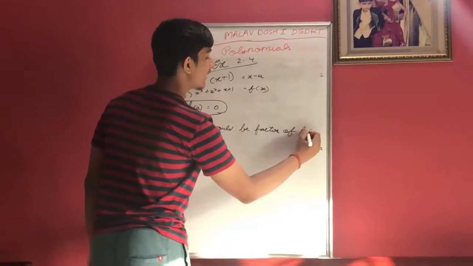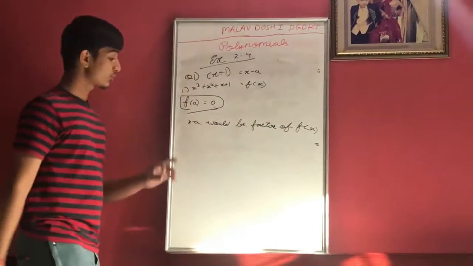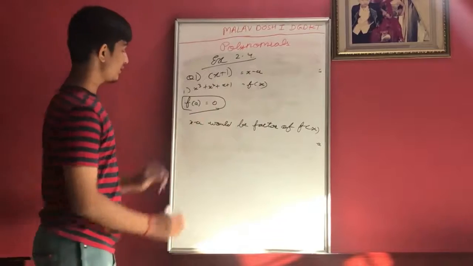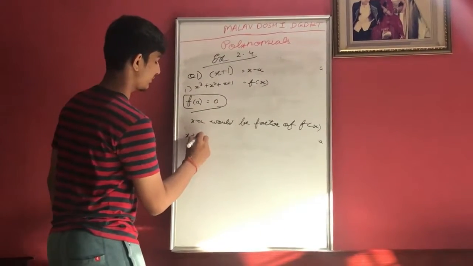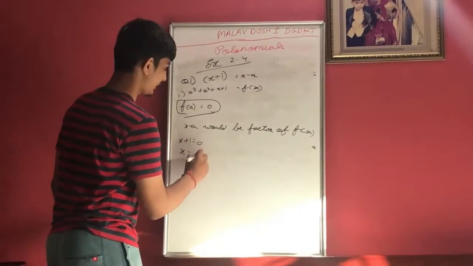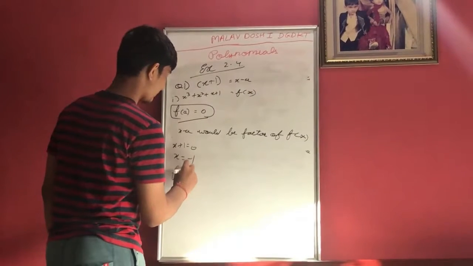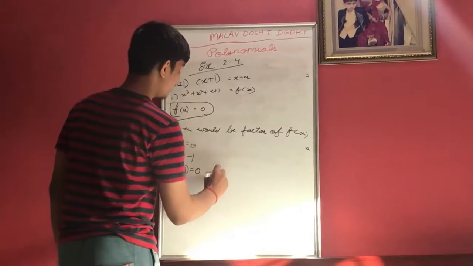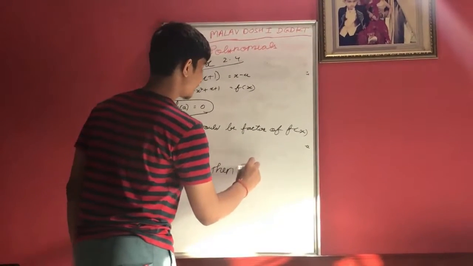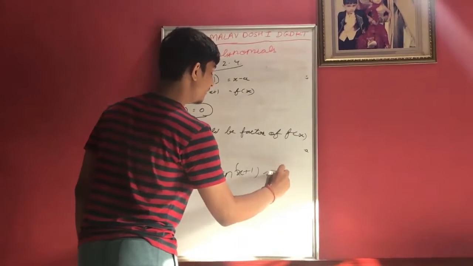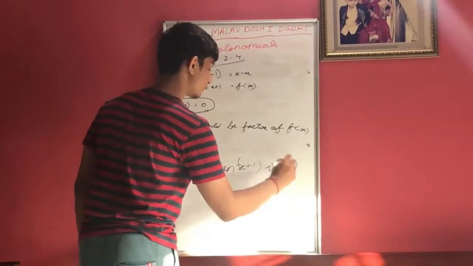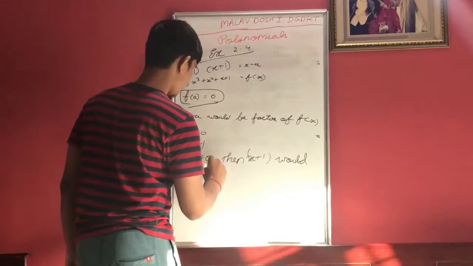of f(x). So by the same condition, x plus 1 is equal to 0, x is equal to minus 1, then if f(minus 1) would be 0, then x plus 1 would be its factor.